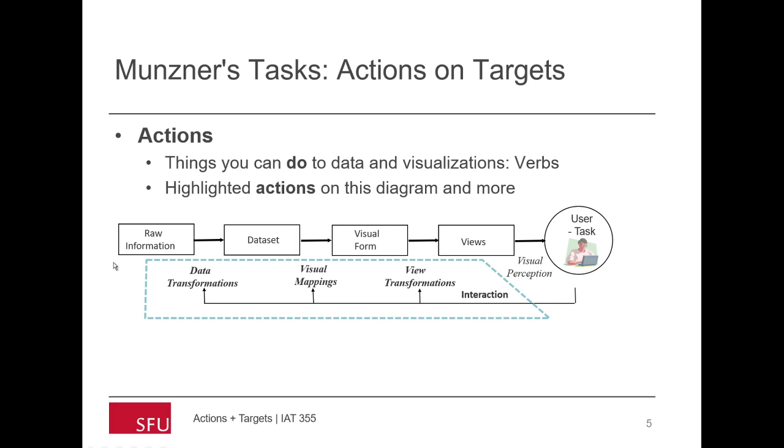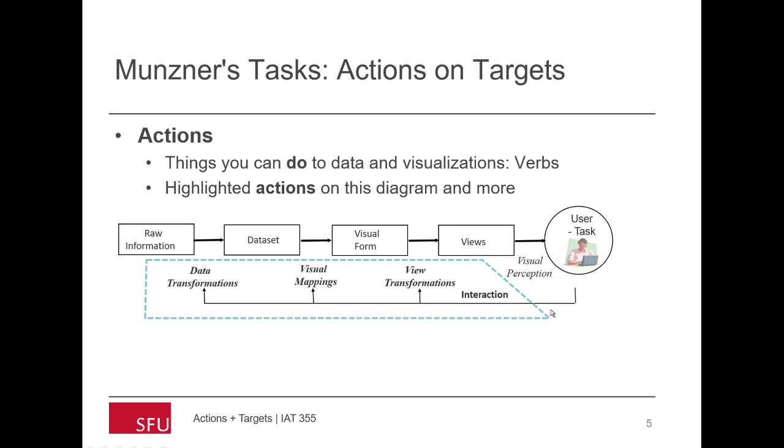So in this diagram, which is taken from lecture 2.1, you see this chain of transformation, once again, from raw information into a data set that's been transformed by a data transformation into a visual form that has undergone some form of visual mapping, and towards views that have been subject to view transformations.